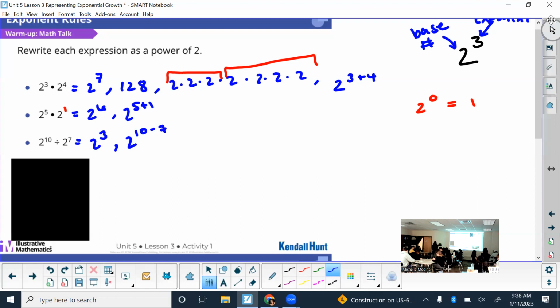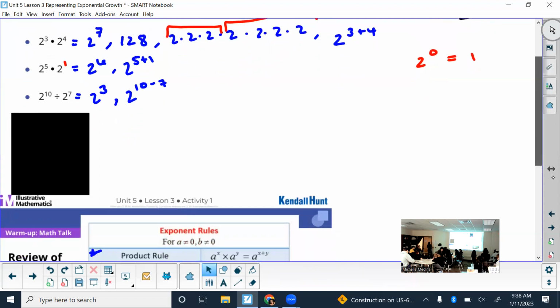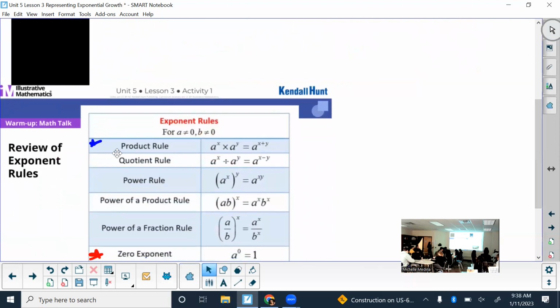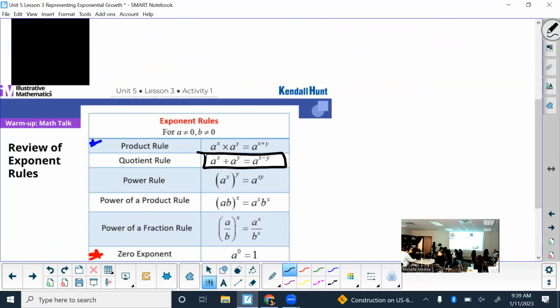So that is the rule. If we are dividing stuff with the same base, so the base number is 2, then what you do with the exponent is subtract them. So that's the quotient rule. So here's an example with variables, but that's the rule.